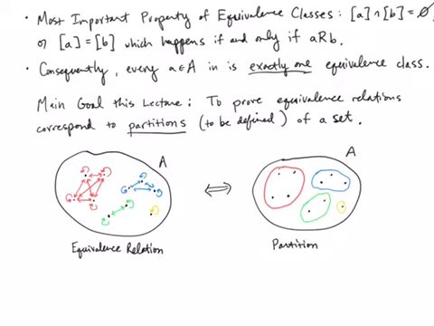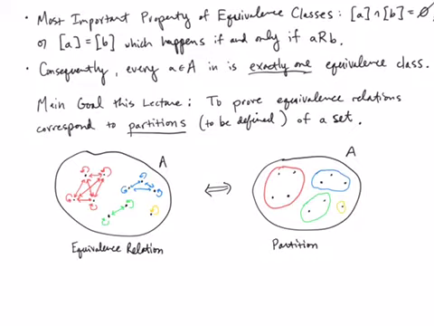If you have an equivalence relation, you look at all of the things that are related to each other, like that grouping in red and blue and green and yellow there. If you bundle all those elements together, that gives you a subset of A. And since these subsets are the equivalence classes, every element of A is in exactly one equivalence class.